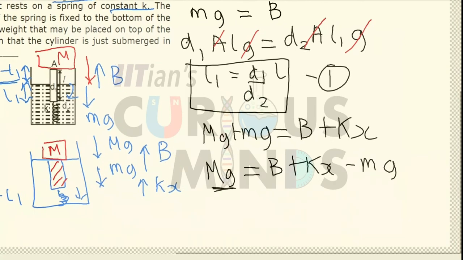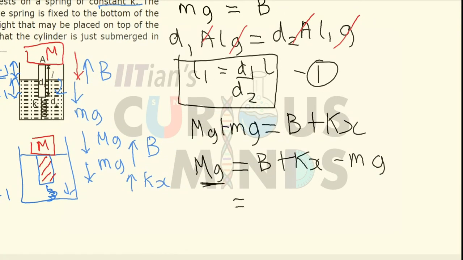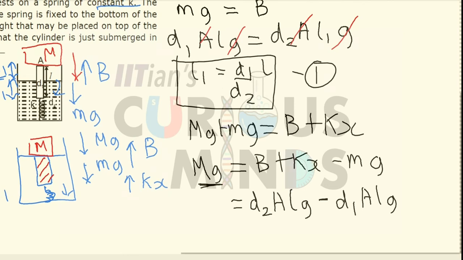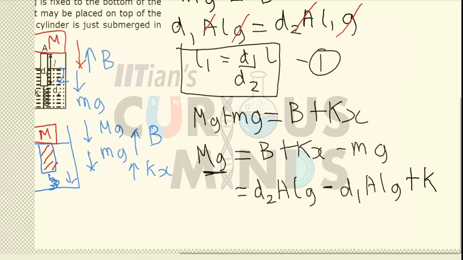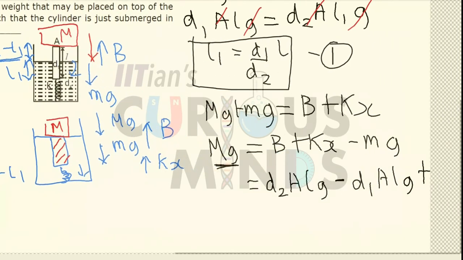Now let me substitute the values. The buoyant force will be equal to the density of the liquid, d2, into area, and since the entire length has been submerged inside the liquid, into L into g, minus Mg. The weight of the solid is density d1, area into length into g, plus kx, where x is L minus L1.